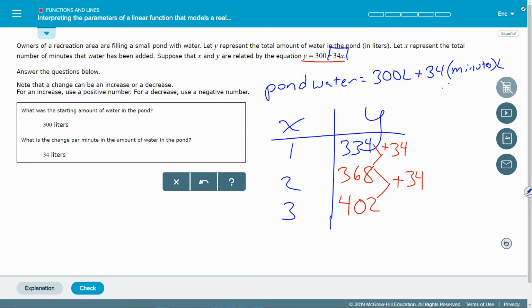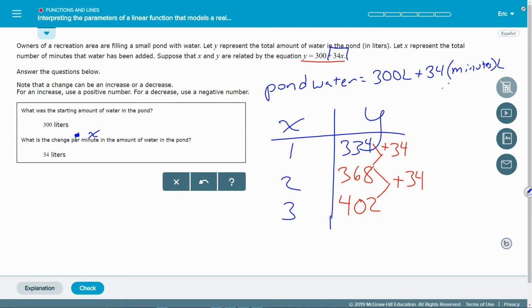Per means multiplication, my minutes is x, so my change per minute is what is multiplied by x. And so I didn't have to use my table. My table proves my point. But in a linear function, your rate of change is always whatever is being multiplied by x, carrying that sign.